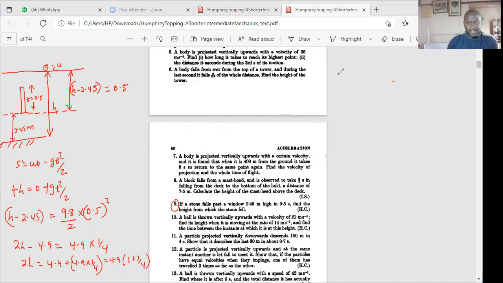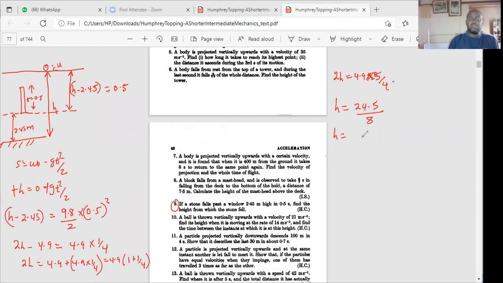And this will realize 2h is equal to 4.9 times 5 over 4. With this, finally, h is equal to 4.9 times 5, that is 24.5, divided by 8.